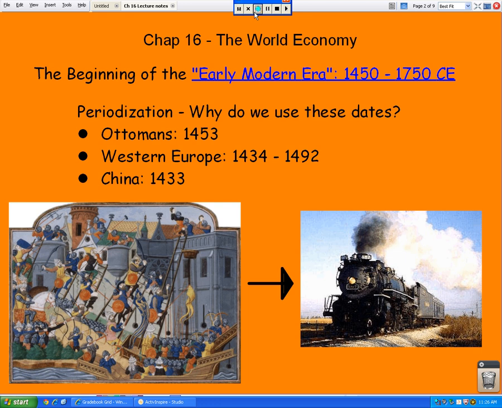Not really global, regional superpower. The Ottomans are going to capture Constantinople in 1453. That's kind of another turning point. It's another major theme: the end of Christianity in that part of the world and the establishment of a new dominant culture.